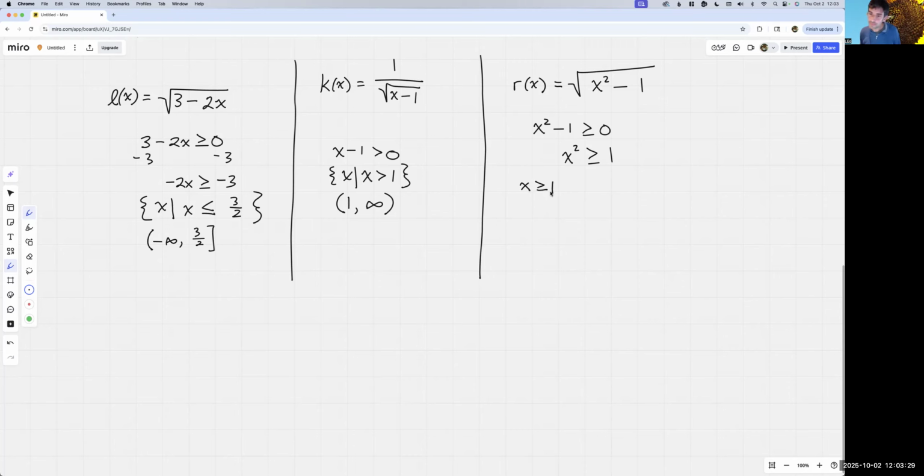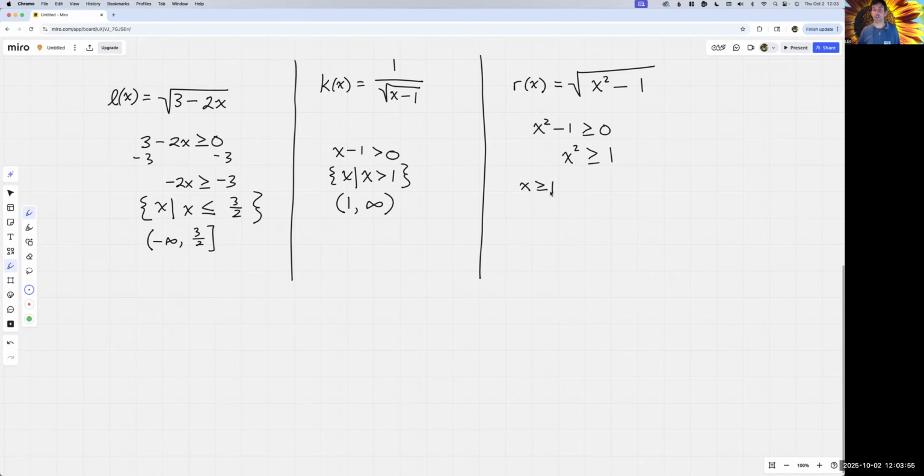So part of our solution is that x has to be greater than or equal to 1. Now let's think about negative numbers. The easiest way, I think, to think about this is, well, if we square the same numbers that we're talking about here, x values greater than or equal to 1, except they're negative, we're going to get the same results, right? 2 squared is 4, negative 2 squared is 4. 1.5 squared is 2.25.